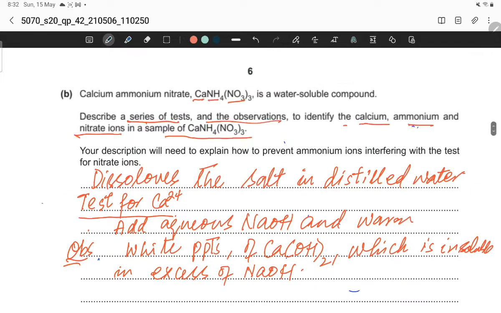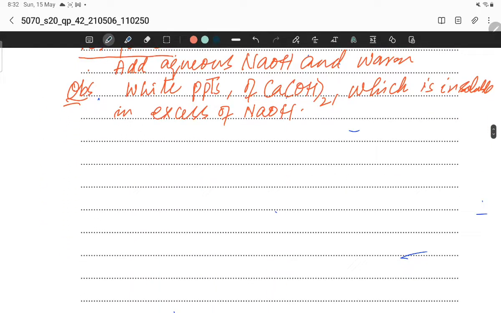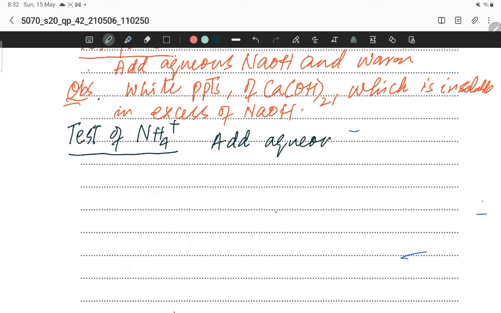This is the test of calcium, and now the next cation is ammonium. Test for ammonium ion: add aqueous sodium hydroxide and warm the solution.